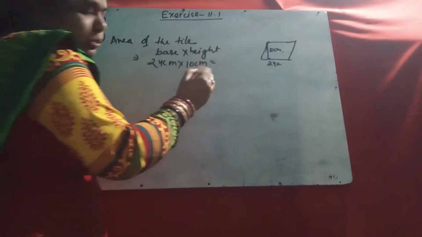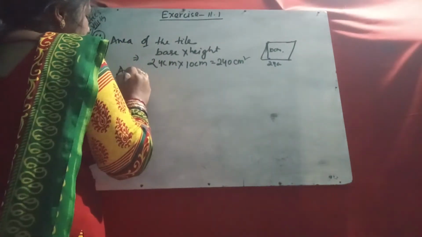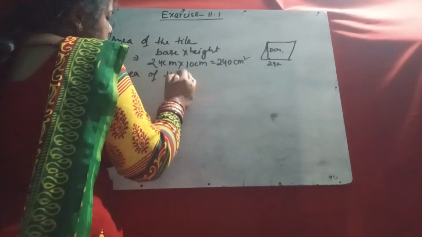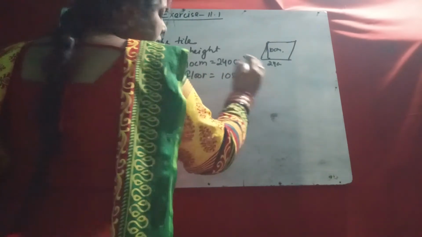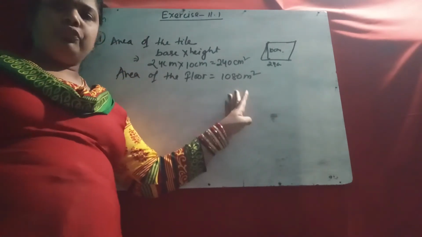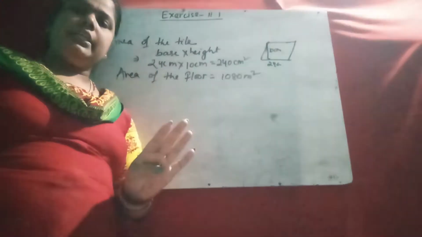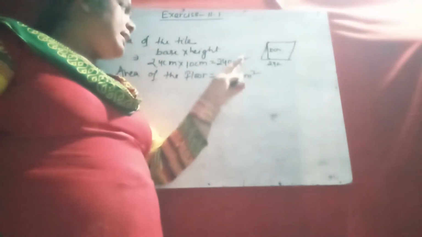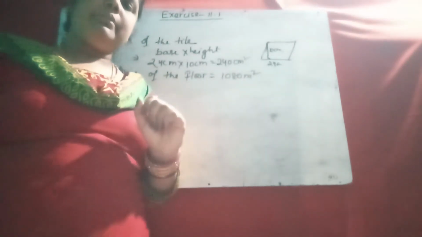So you get 240 cm square. Area of the floor is 1080 meter square. If you divide the area of the floor by the area of the tile, you get the number of tiles used for the flooring. But one thing is there: here it is centimeter square, here meter square. How will you divide? For that, you have to convert the meter square into centimeter square.